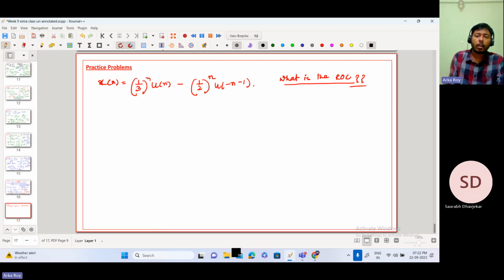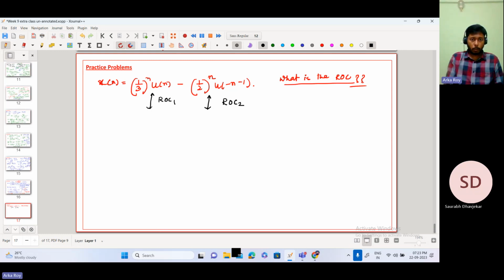To find the ROC, we need to actually get the individual Z transform representation. From the individual Z transform, I will get ROC1 and ROC2, and then at the end, I need to get the intersection of these.